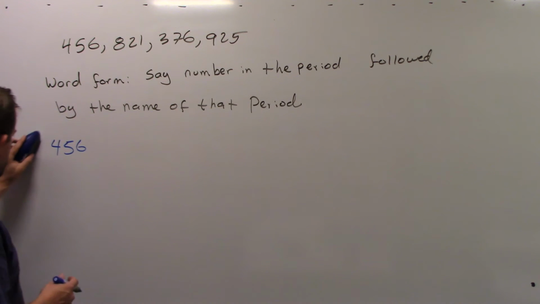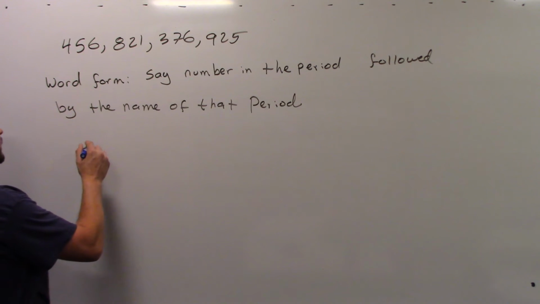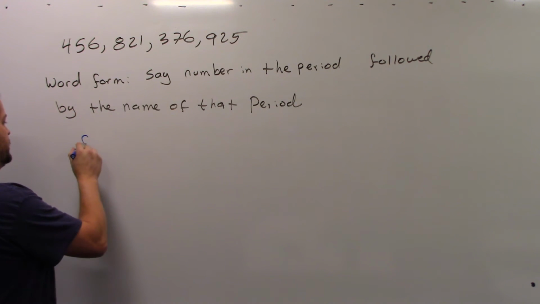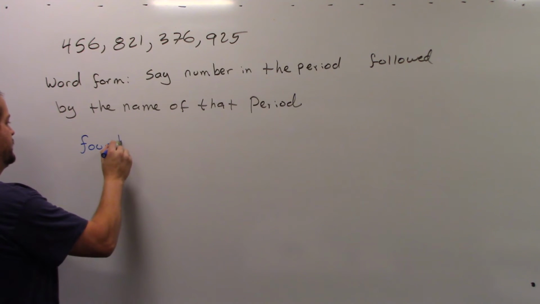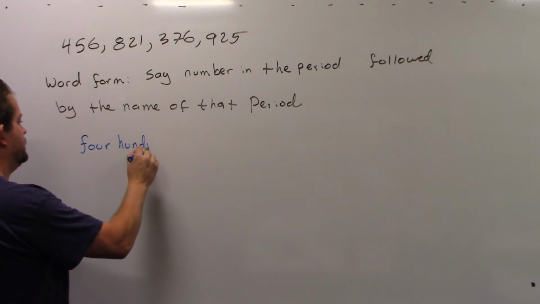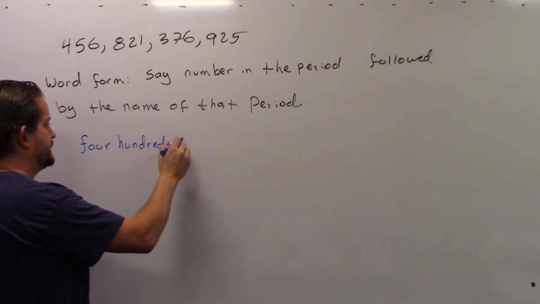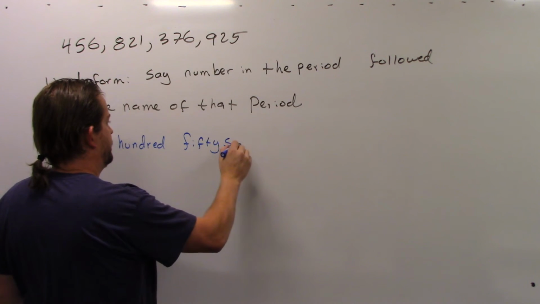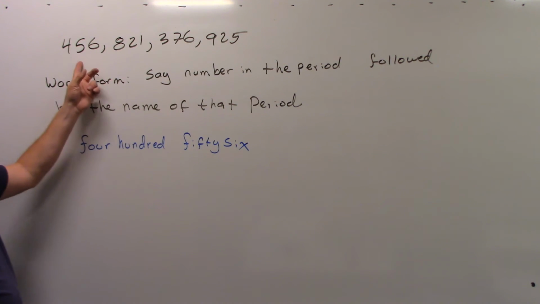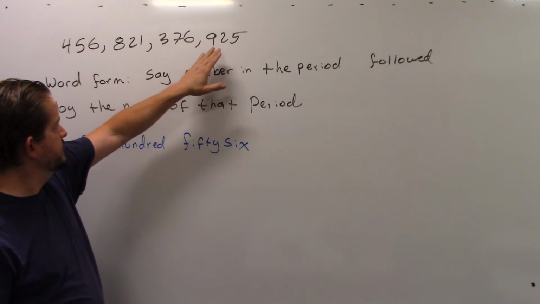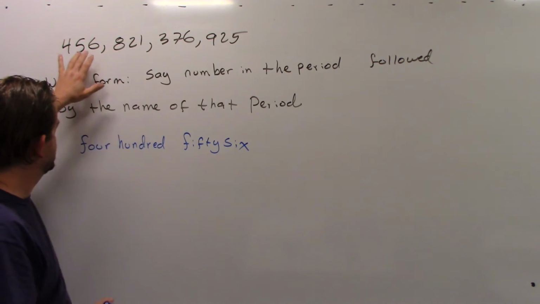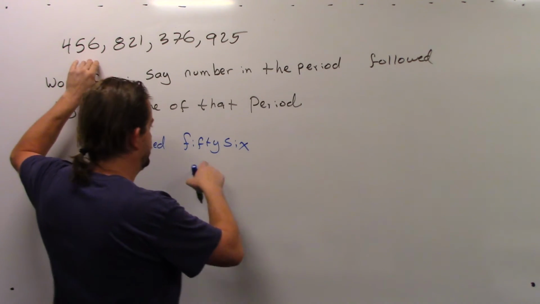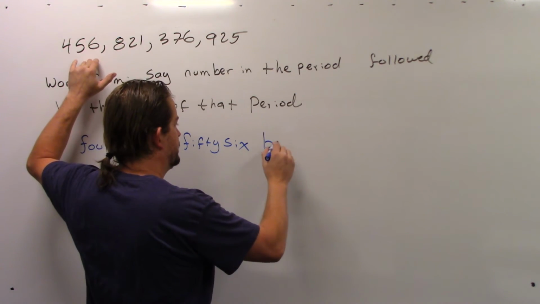But the actual word form of this would be 456. Right. That's the number in this period, and the period is, well, this is ones, thousands, millions, so billions. So 456 billion.